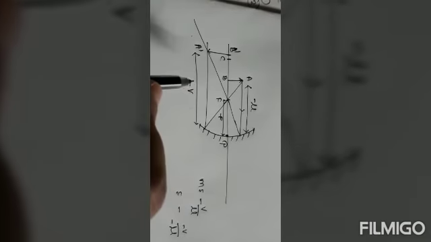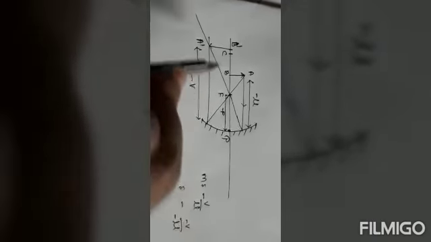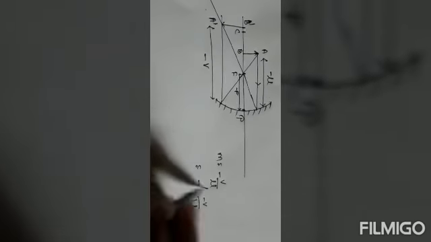But in this figure we know that magnification equal to minus v by u, but here v is denoted by minus sign, so we can write minus of minus v, that is the distance of the image from the pole, and u is also denoted by minus sign because the distance of the object from the pole is situated on the left hand side.